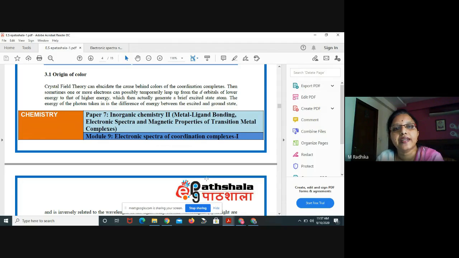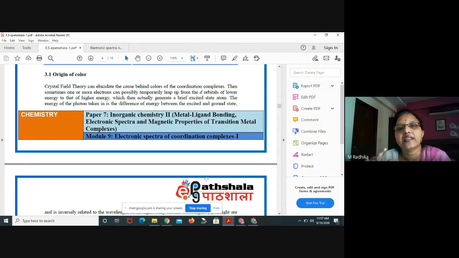In octahedral, the 5 d orbitals split into two energy levels. The lower energy level is the T2g level, and the higher energy level is the Eg level. So there is a gap between these two levels.